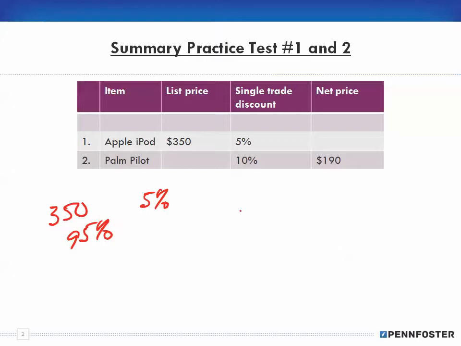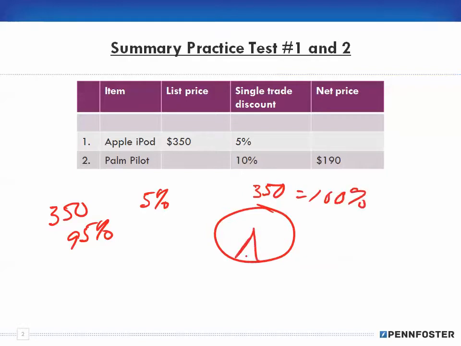And remember, the thinking behind that is let's say this here is the $350, which is equal to 100%. Well, if I have a discount of 5% here, that means the rest of this price has to be 95%, because 5 and 95 make 100. So I want to know what the net price is. I don't want to know what this discount amount is.